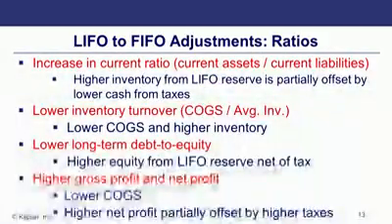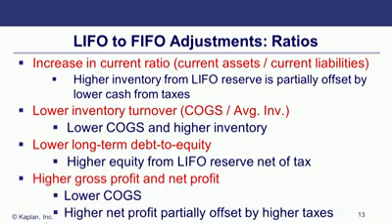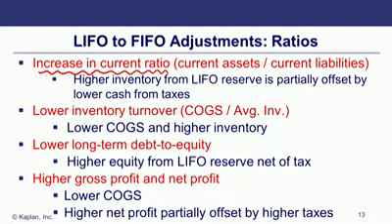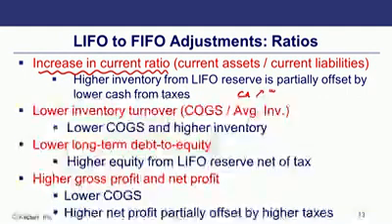Okay, so LIFO to FIFO adjustments, if we make these adjustments, notice we're saying an increase in the current ratio. Now, of course, our current ratio is current assets over current liabilities. What we're saying is our current assets are going to increase. Inventory is going up by the closing LIFO reserve.